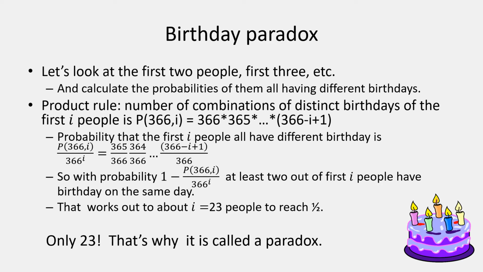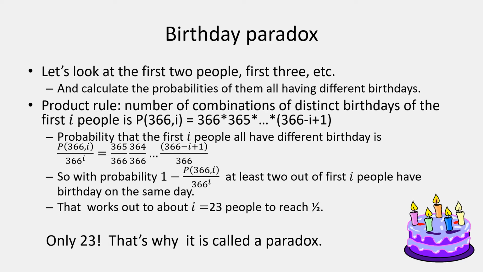But actually, let's instead calculate the probability that people have birthdays on different days. That's a bit easier. So what is the probability that two people have birthdays on different days?